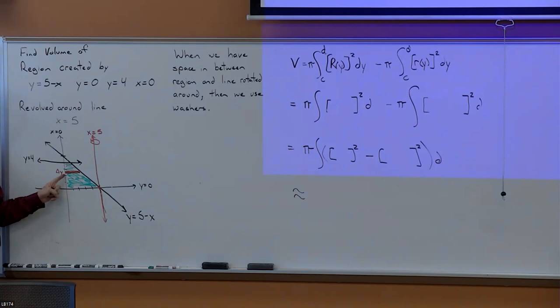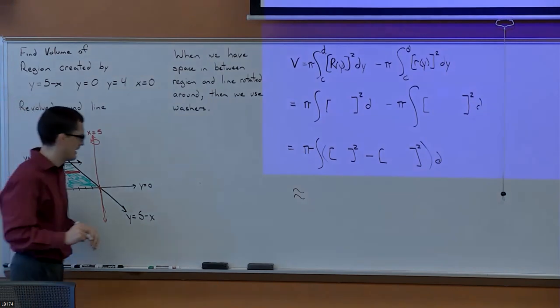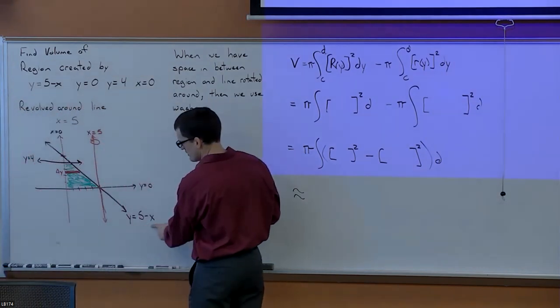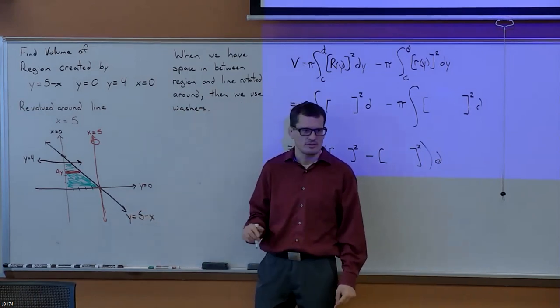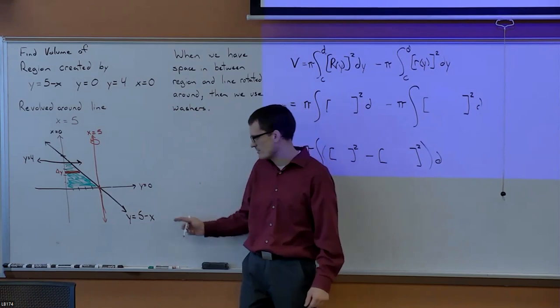I'm thinking which one I want to do first. Let me do this first. I know I'm going to be integrating with respect to y, so I'm going to change this line here and write x equals instead of y equals.